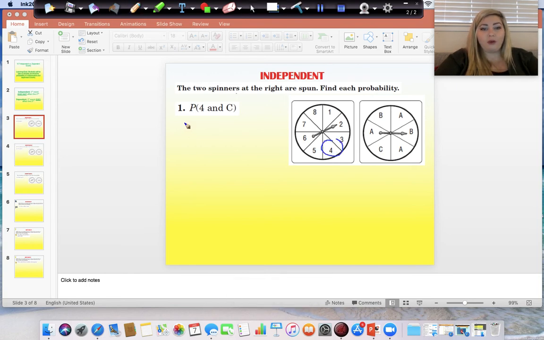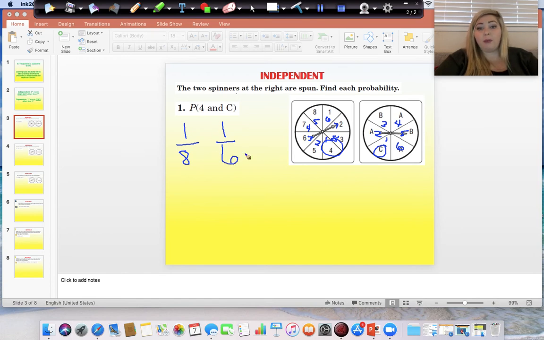We've got 1 4 out of how many total? We've got 1, 2, 3, 4, 5, 6, 7, 8. 1 out of 8 total is 4. And how many C's do we have? We have 1 C out of 1, 2, 3, 4, 5, 6 total. So 1 out of 6.